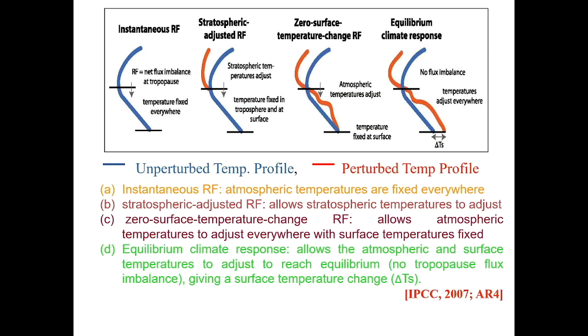Now, again, depending upon the different prevailing situations, these radiation forcings have been defined with different constraints, and they can be of different types as defined by the IPCC 2007 convention. Depending upon whether we keep the atmospheric temperature fixed everywhere, then it is instantaneous radiative forcing.